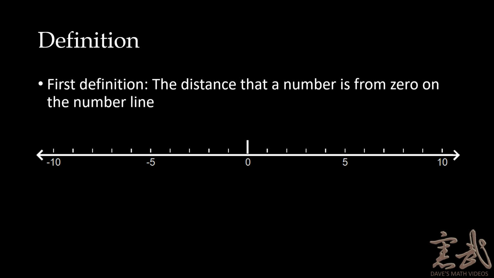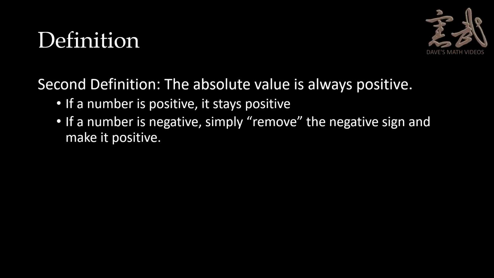Similarly, if I want to find the absolute value of negative 5, it would be simply equal to 5 because it has a distance of 5 from 0 on the number line. In other words, I must take 5 steps to get back to 0.